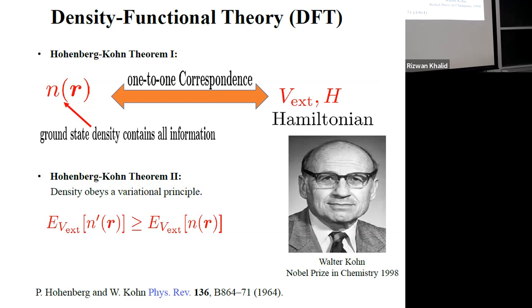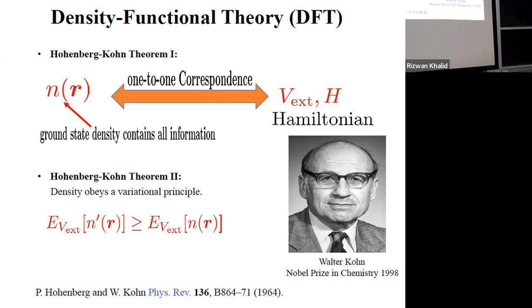And if density uniquely determines the external potential and Hamiltonian and the wave function, actually it uniquely determines all the observables, because all observables would be the expectation value of the wave function. So if Hamiltonian is a functional of density, it means it determines uniquely the Hamiltonian.